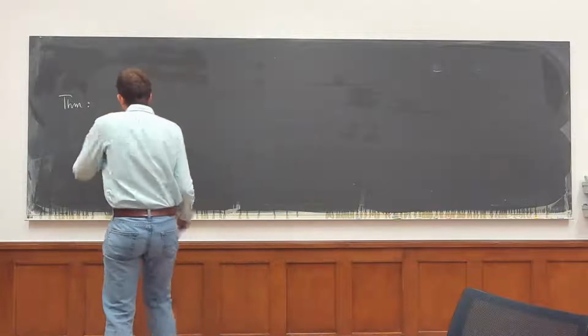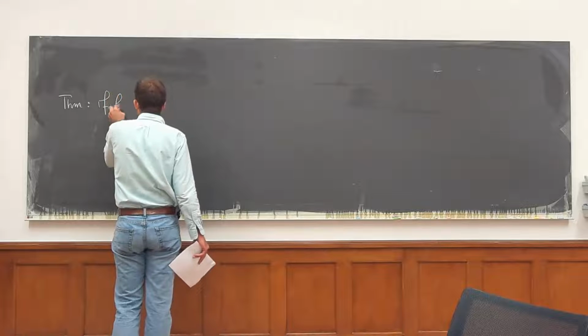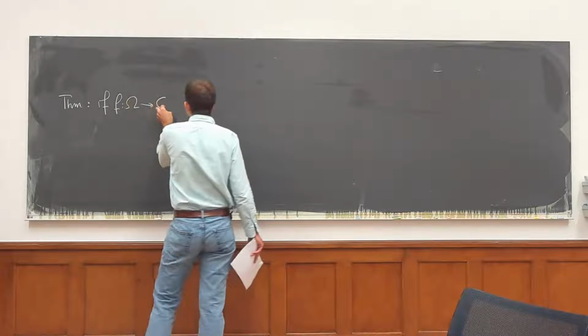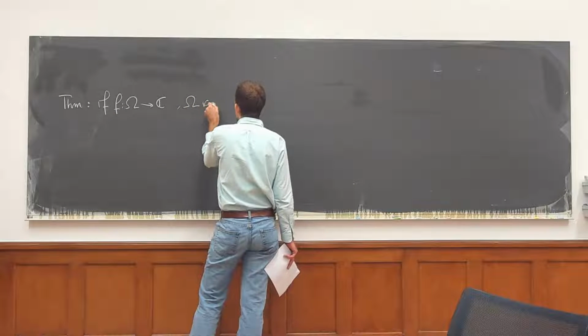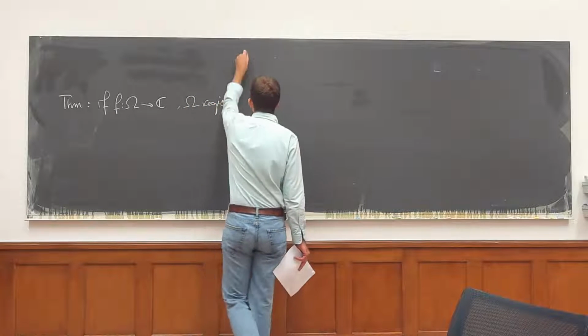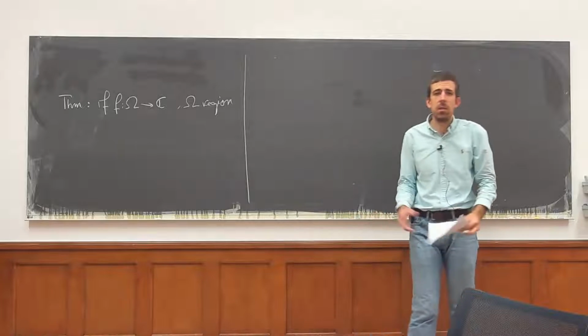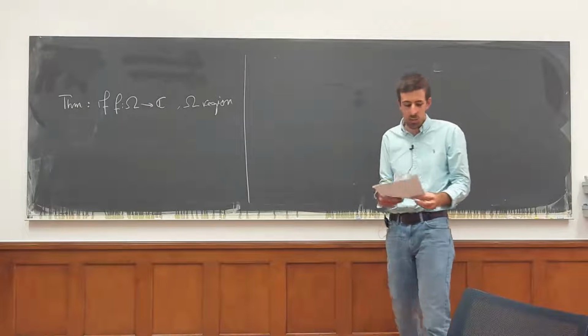that if I have a function f from a region to the complex numbers, so by region, I mean that it's open and connected. It's like the nicest place to define functions on.